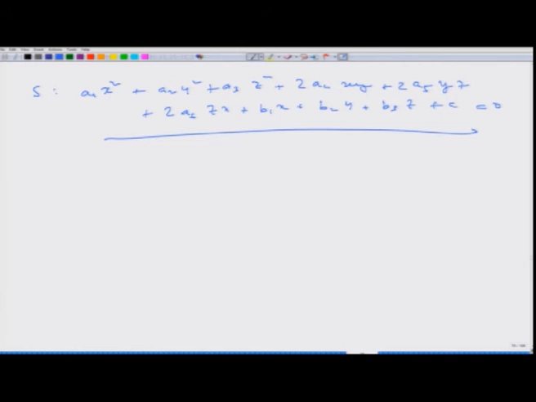See, this is not necessarily always a surface. Why? For example, if you take A1 equal to 1, A2 equal to 1, A3 equal to 1, other constants 0, then you get x square plus y square plus z square equal to 0. This is not a surface, this is just the origin.